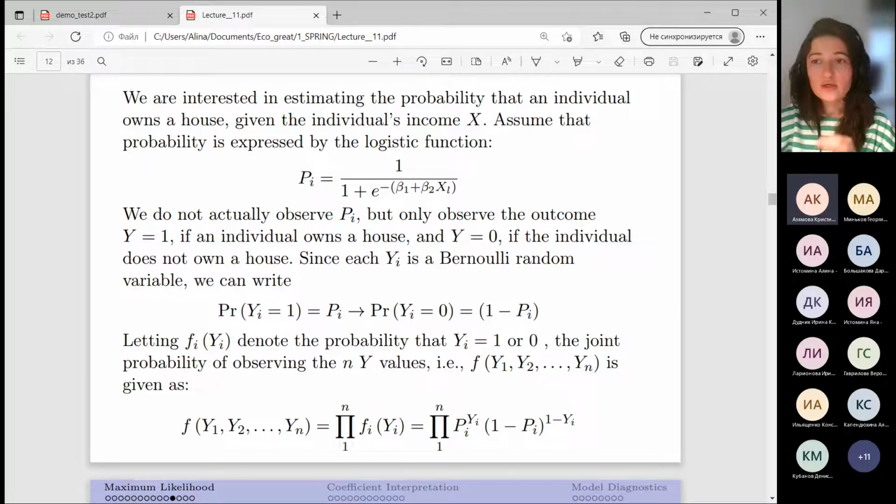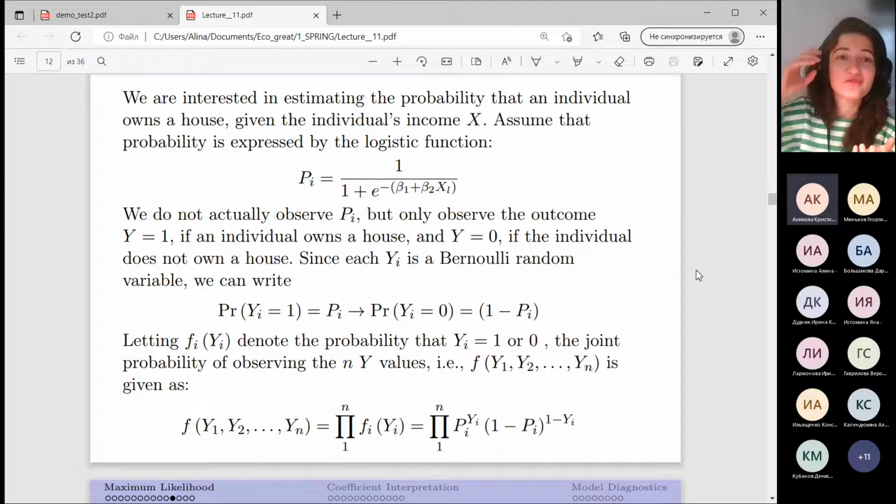What does it mean? The method of maximum likelihood consists in estimating the unknown parameter in such a manner that the probability of observing the outcomes of our dependent variable y will be as high as possible, or in other words, maximum. Because of this, this is the name of this method.